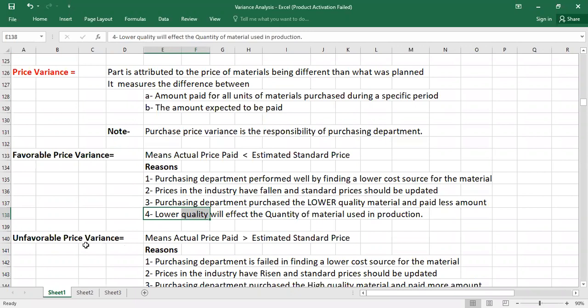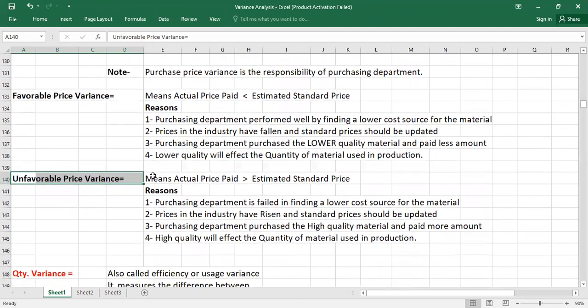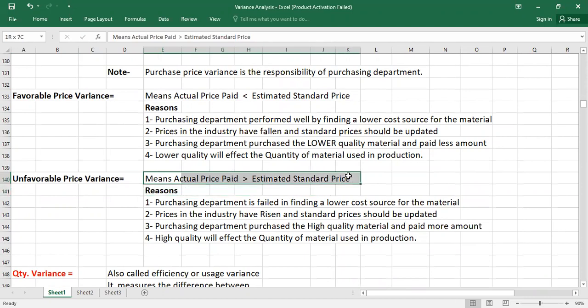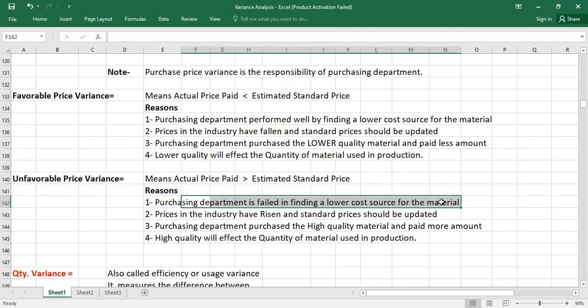On the other hand, we have an unfavorable price variance. As I told you, unfavorable price variance occurs when the actual price paid is greater than the estimated standard price, and the following could be the reasons. Number one, maybe your purchasing department failed in finding a lower cost source for the material.